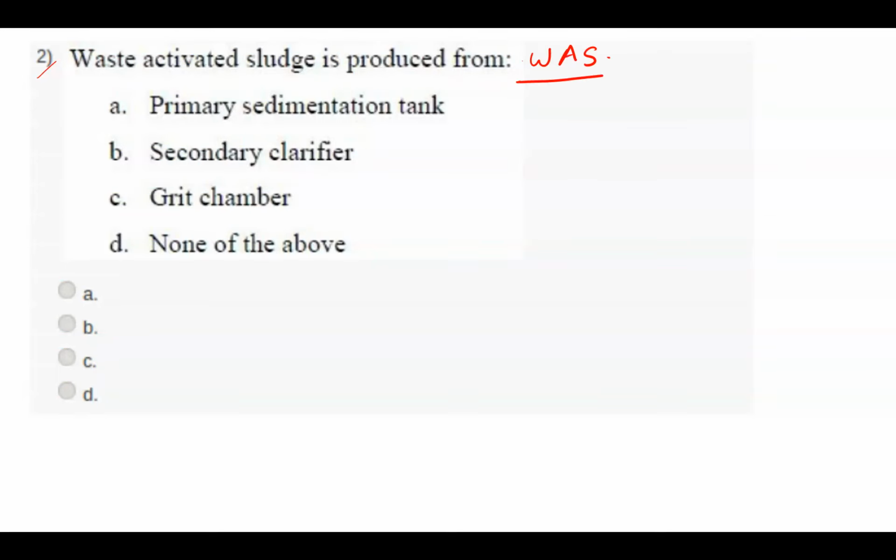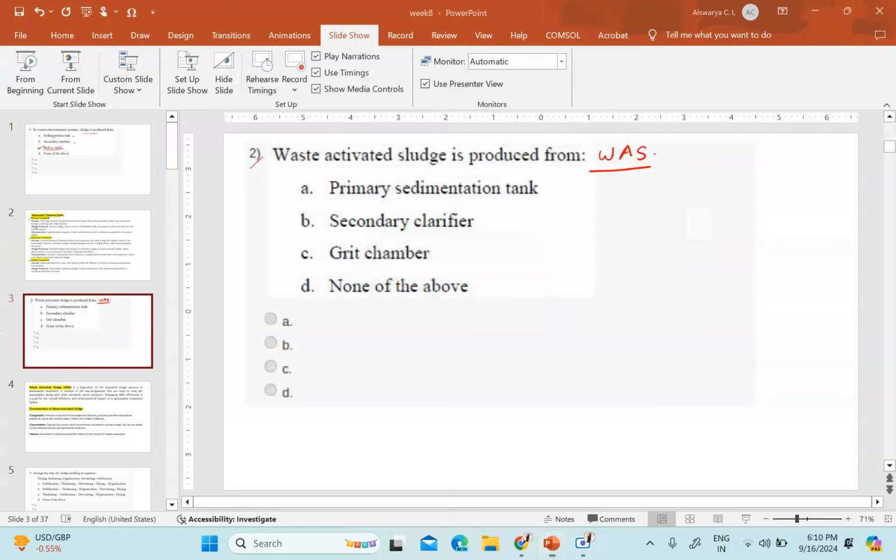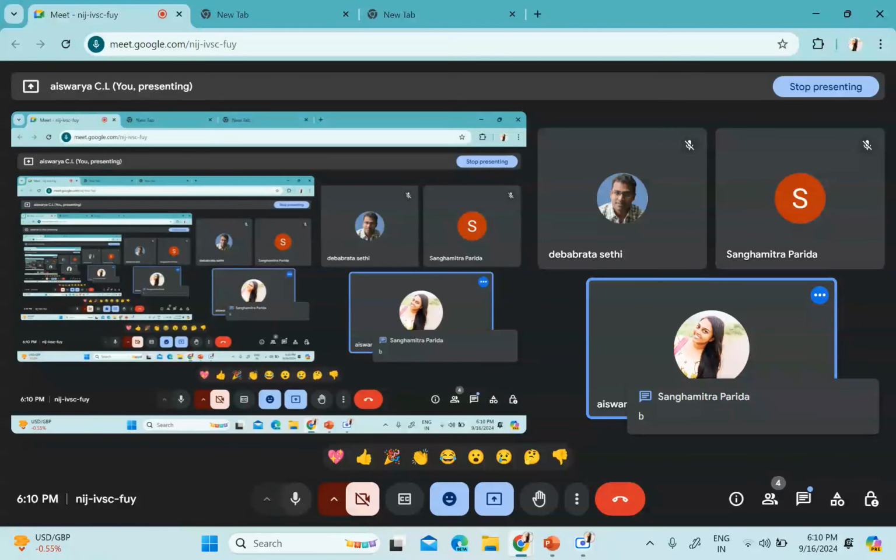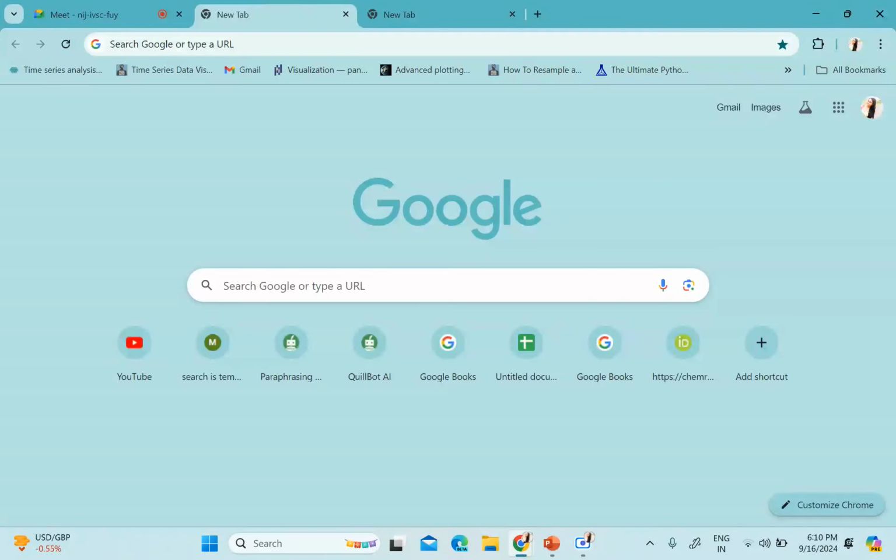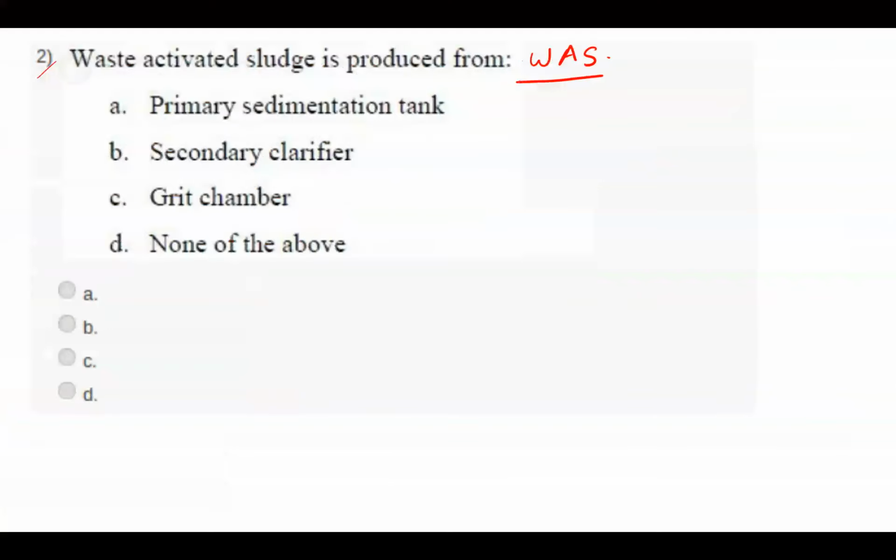Waste activated sludge is produced from: four options are given: primary sedimentation tank, secondary clarifier, grit chamber, and none of the above. Okay, so B, yes, right. B. Activated sludge. Waste activated sludge is produced in the secondary clarifier, right?